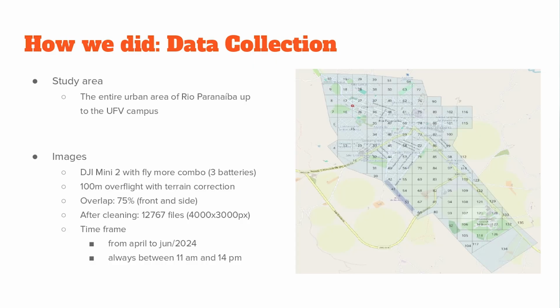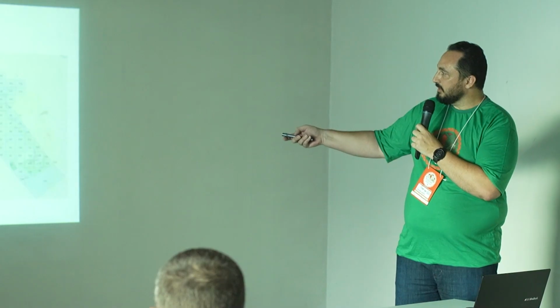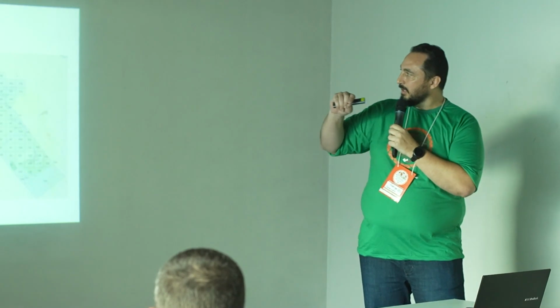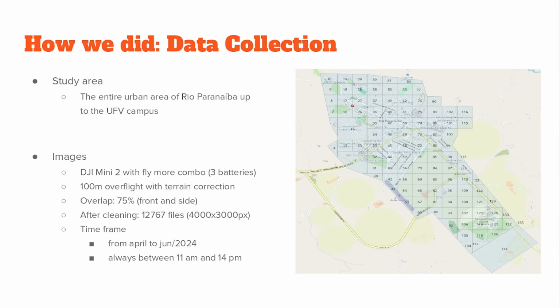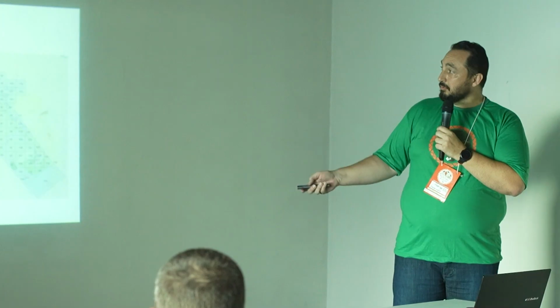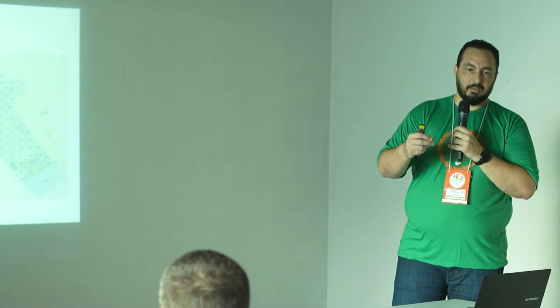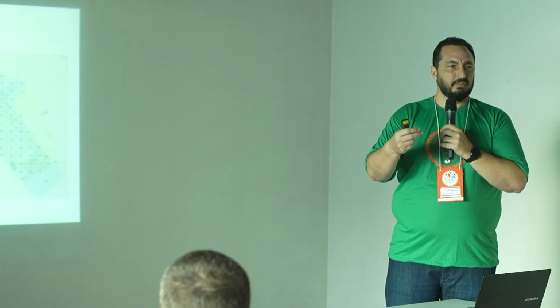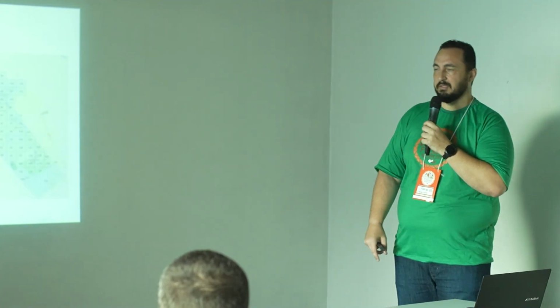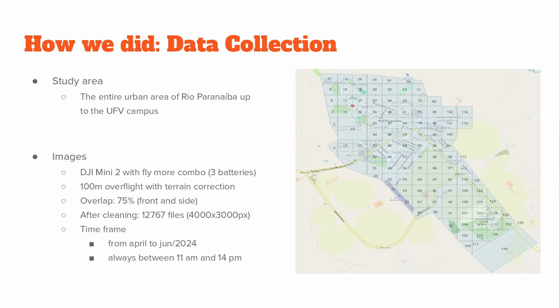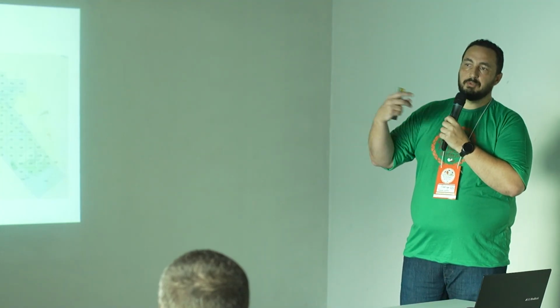Okay, how did we do the data collection? The background image is OpenStreetMap, but in the grid each square is an area covered by a drone flight we did. We used a DJI Mini 2, one of the cheapest drones, I think, in the line of DJI drones. But we had what they call the Fly More combo, which comes with 3 batteries.